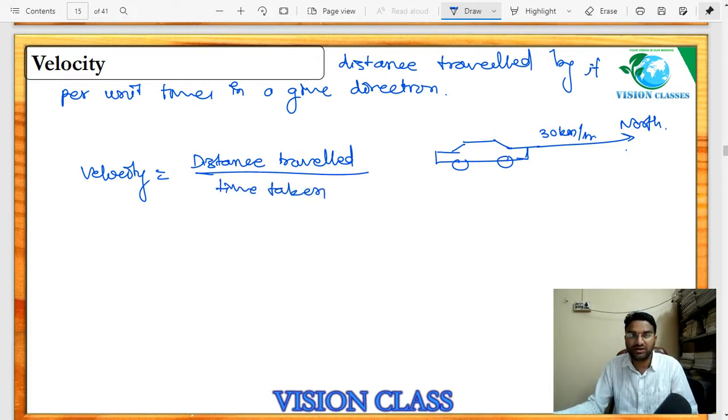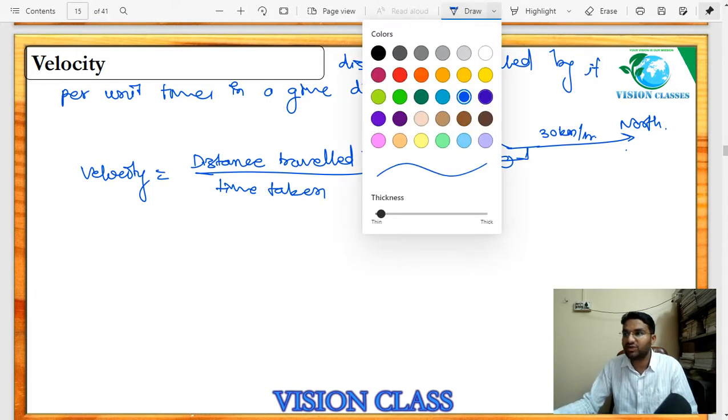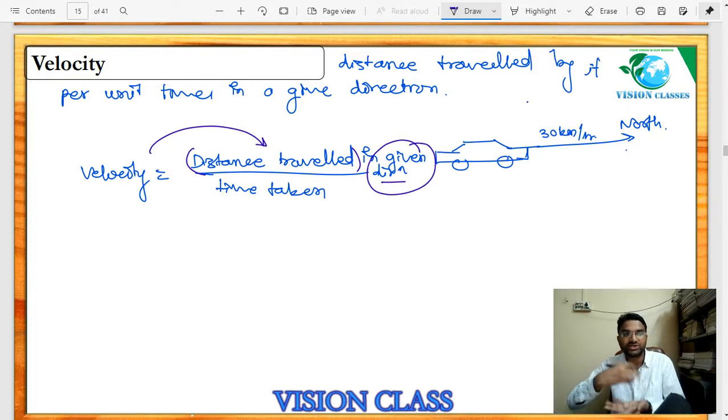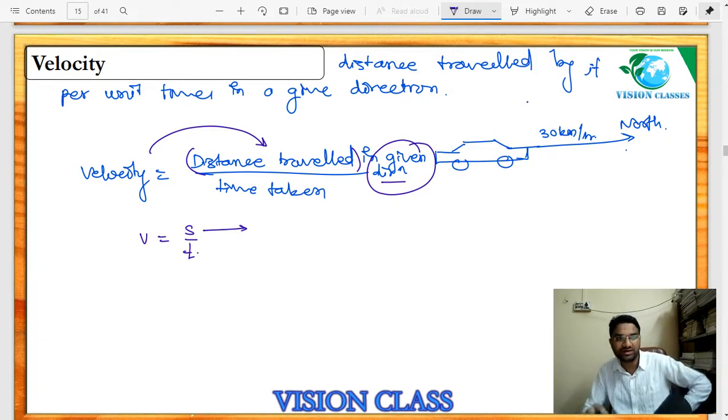Now, distance traveled in a given direction. This is a very important point, otherwise it will again be speed, right? In case of speed we use just the distance traveled, but in case of velocity we also know the particular direction in which it is moving. So v is equal to s over t. Again the same, v is velocity, s is distance traveled, and t is time taken.